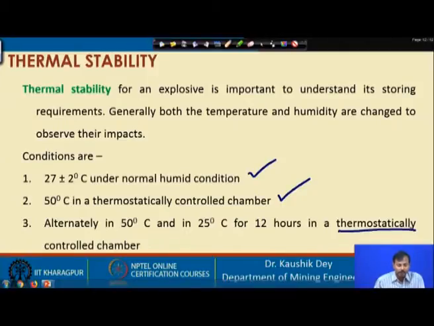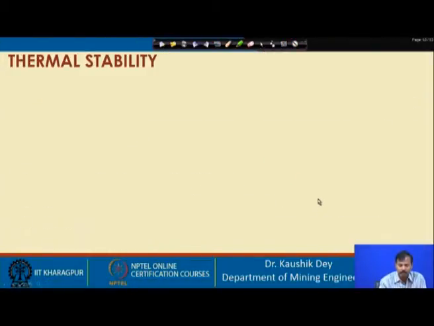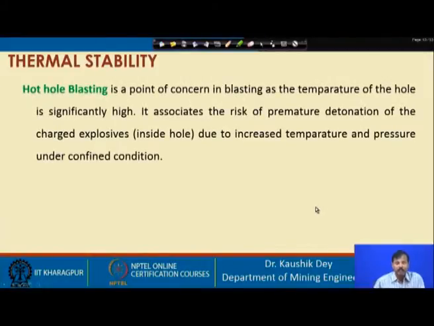So, that means the temperature is varied, 12 hours at 25 degree centigrade and 12 hours at 50 degree centigrade, and the explosive chemical is subjected to these thermostatic changes, and we see if there is any impact of the temperature on the explosive chemical or not. So, using this we try to check the thermal stability of the explosive.